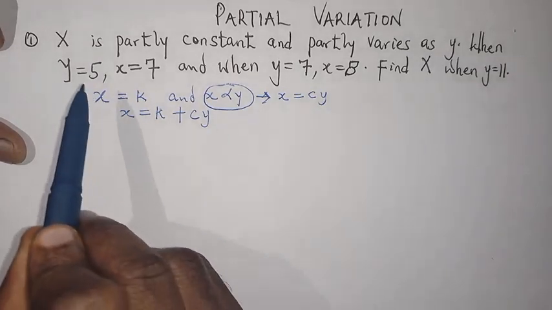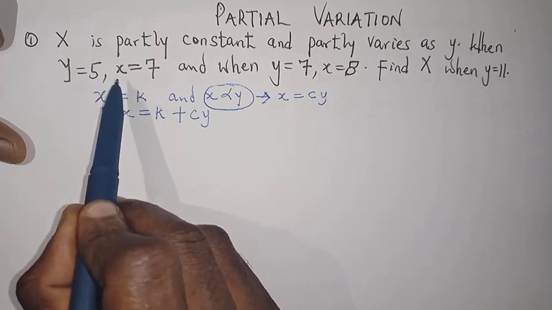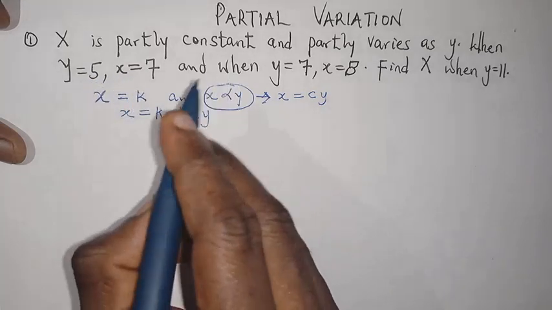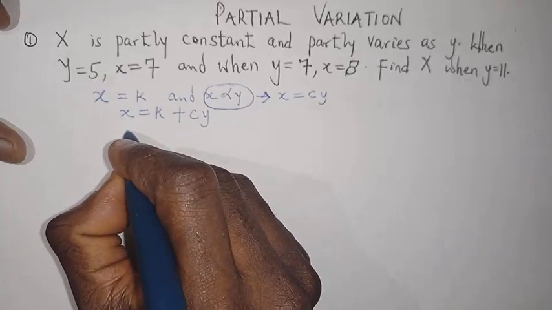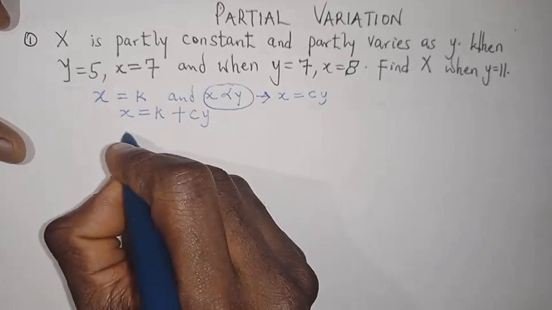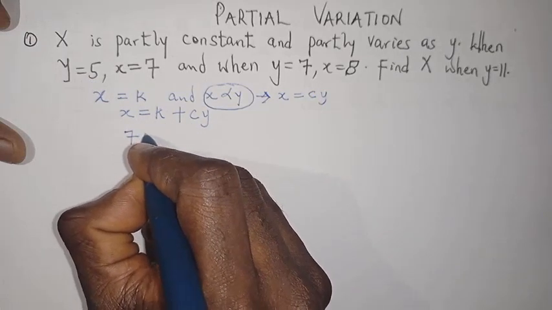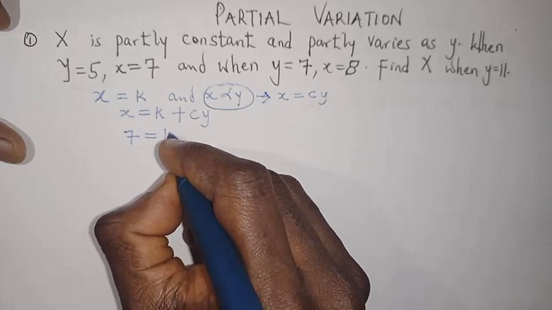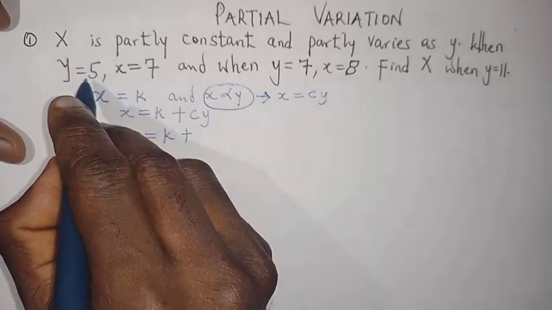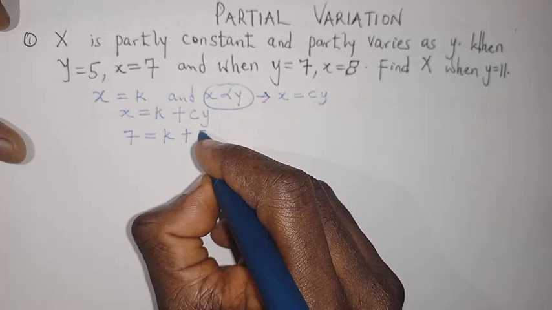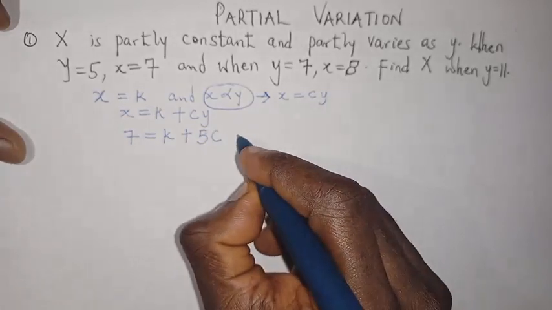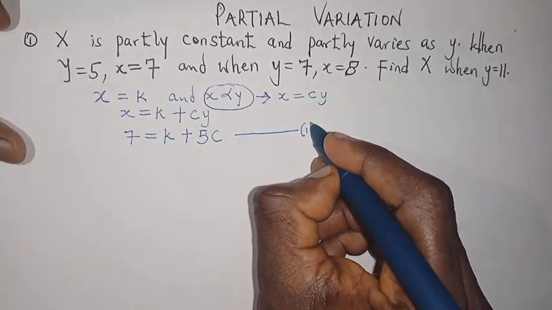Now the question says when y equals 5, x equals 7. So x from these statements is 7. So we'll say 7 equals k plus y is 5, so 5c. And I'll call this my equation 1.